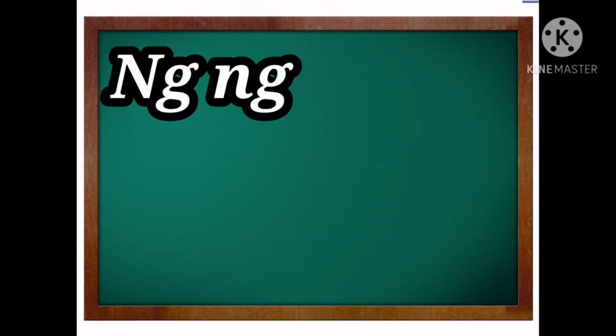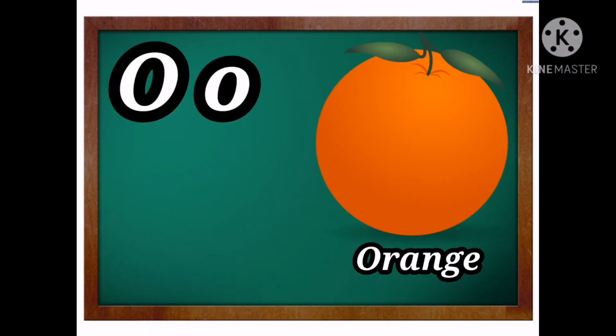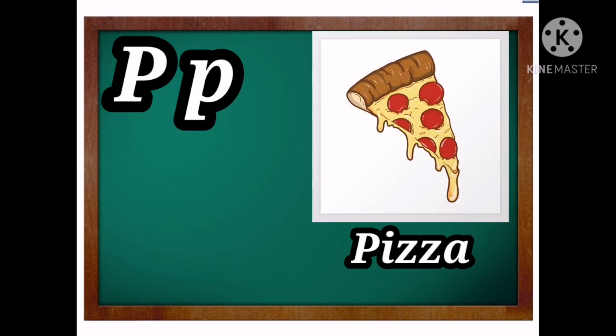NG. Learners, impressive. O for orange. Learners, brilliant. P for pizza. Learners, impressive.